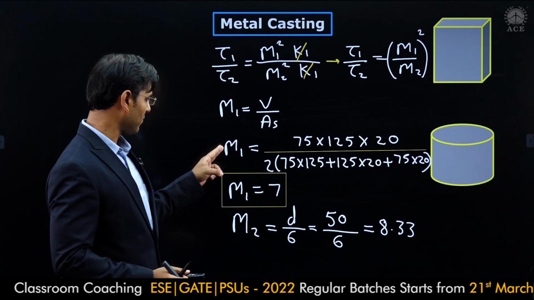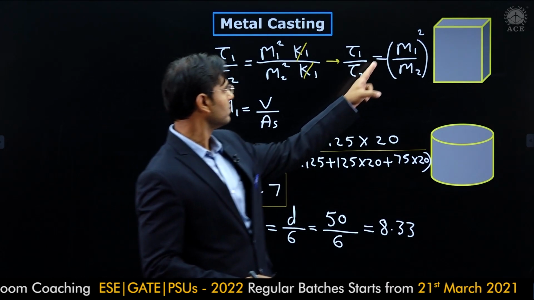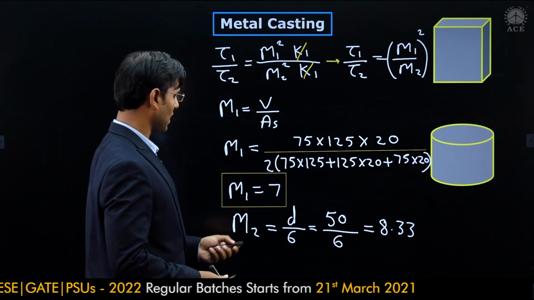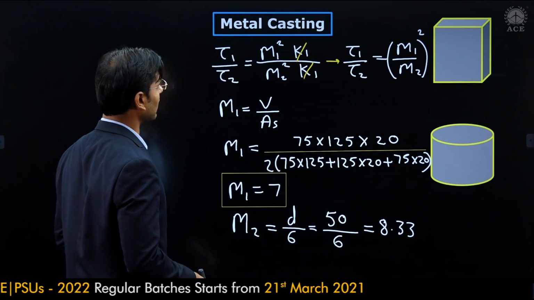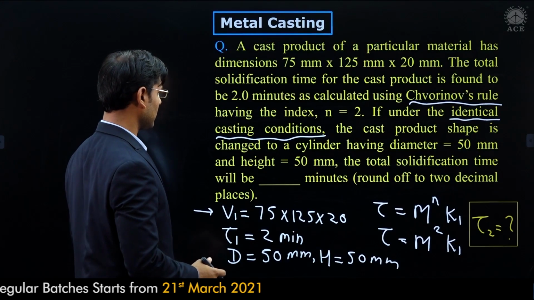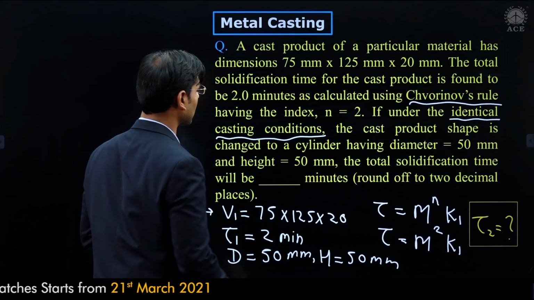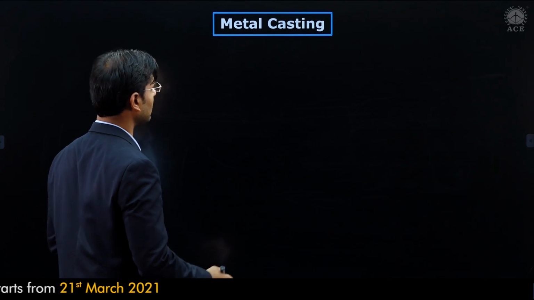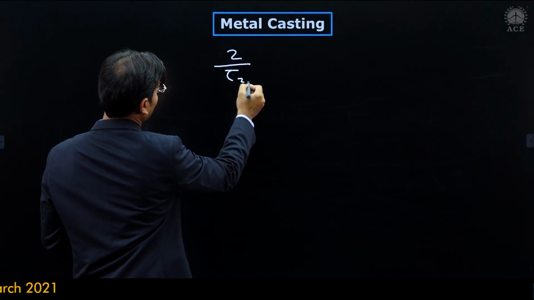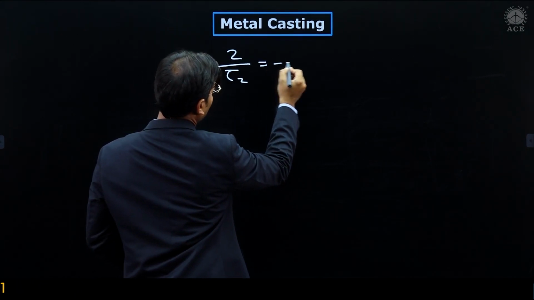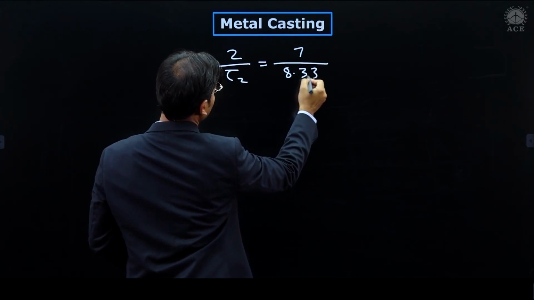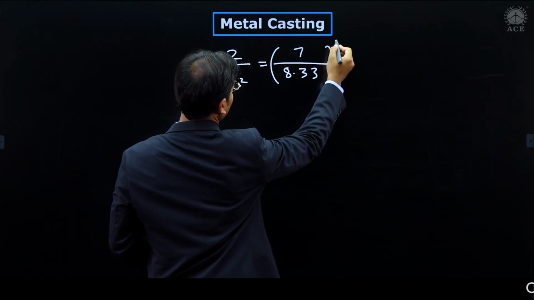Yes, now it is an easy problem. You got the value of m1, you got the value of m2, and tau 1 is given as 2 minutes. Then I am putting tau 1, which is 2 minutes, divided by tau 2, is equal to m1, which is 7, by m2, which is 8.33, whole square.